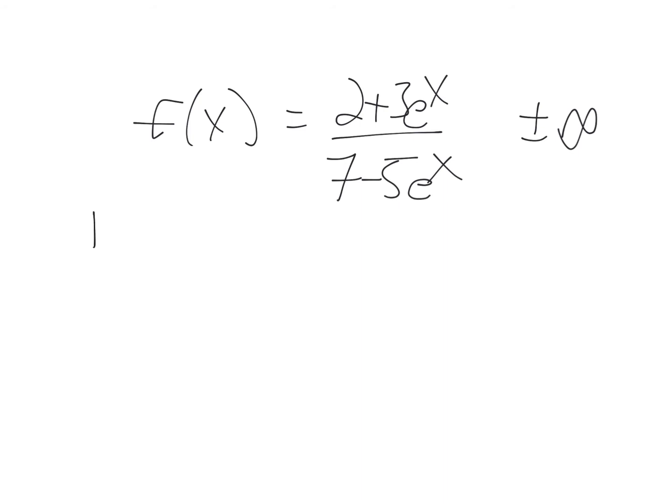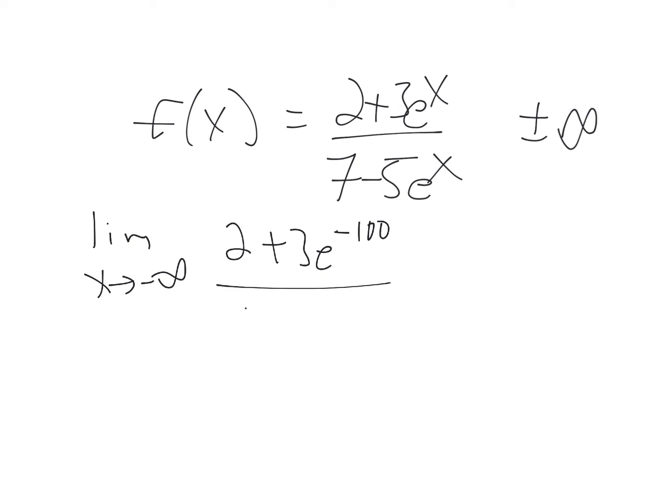So as x goes out to negative infinity for this function, that becomes 2 plus 3e to the negative big number. Let's make that big number be 100. Over 7 minus 5 times e to the negative 100. Well, negative exponents mean we can kick them downstairs to the denominator, right?